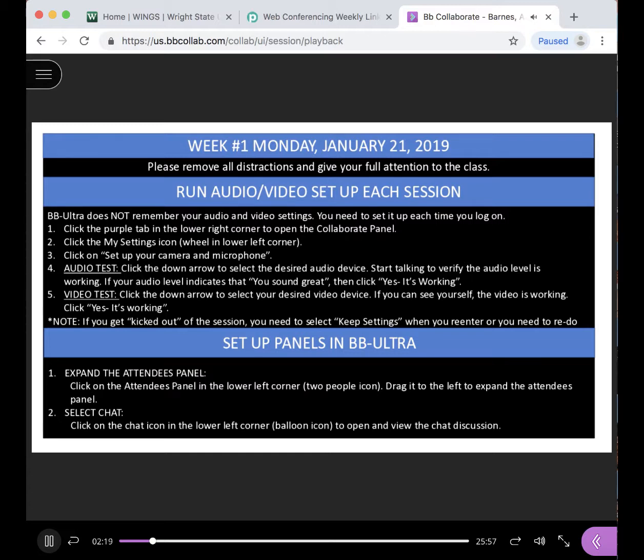To expand the attendees panel, you click on the lower left corner with the icon with two people and drag it to the left to expand that panel, which will show you all of the attendees. You want to click on the chat icon in the lower left corner, which looks like a little balloon, and that will open up the chat discussion where you can type comments.